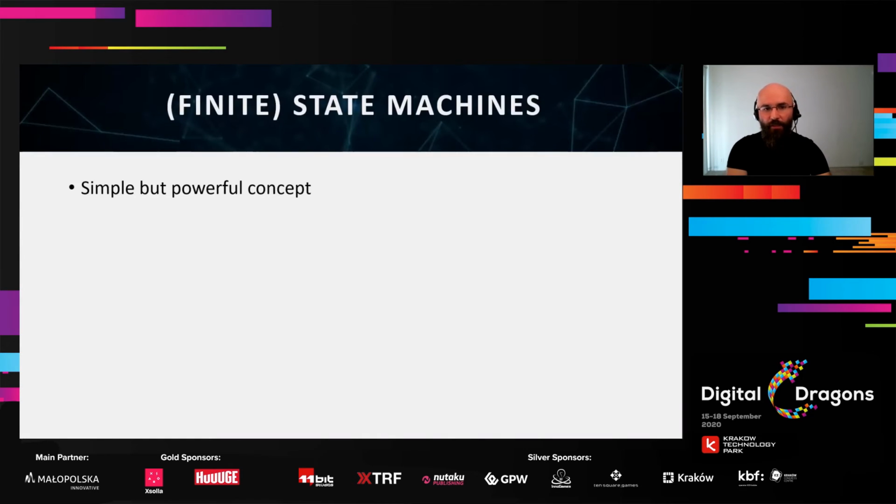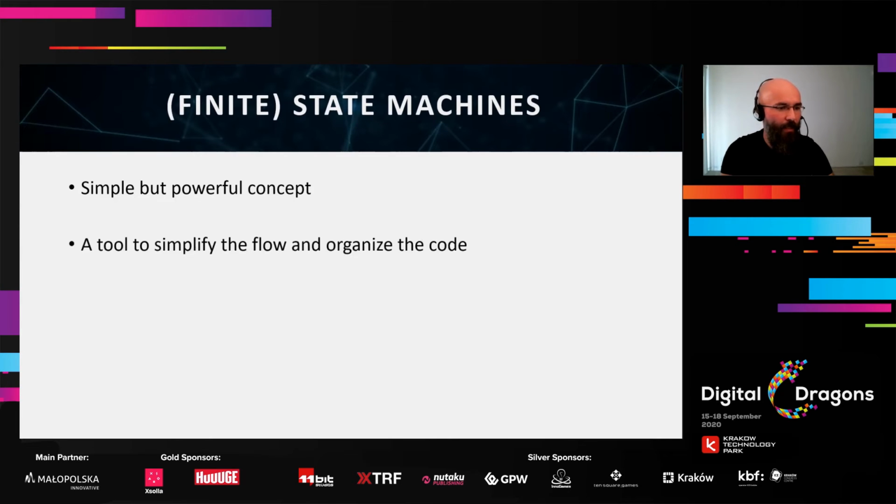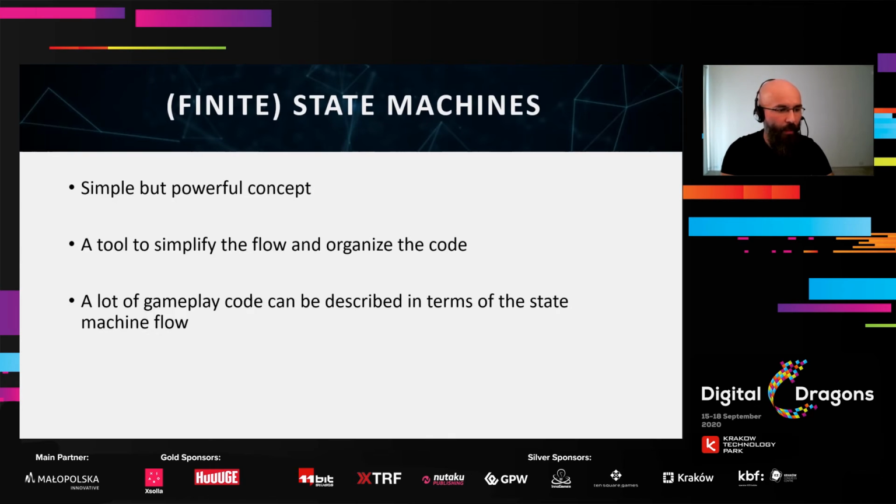This is a very simple but powerful concept, and probably every one of you has heard of or used some form of state machine in your programming. It is really a tool to simplify the flow and organize the code. A lot of gameplay code can be described in terms of state machine flow.